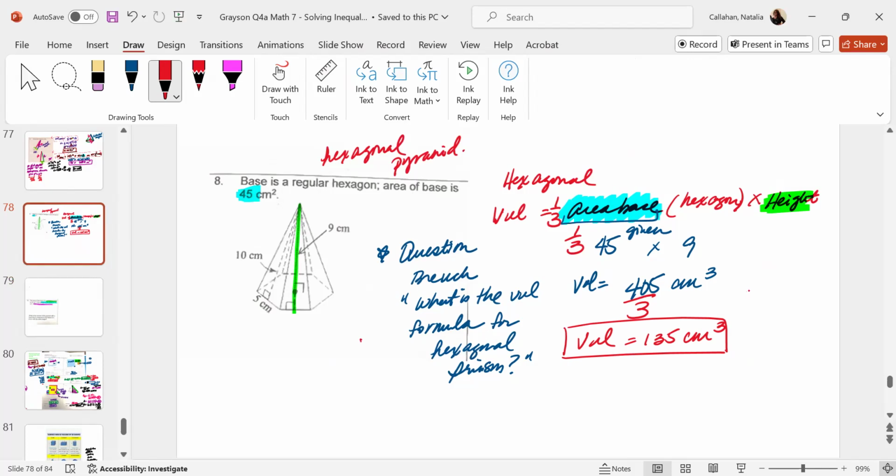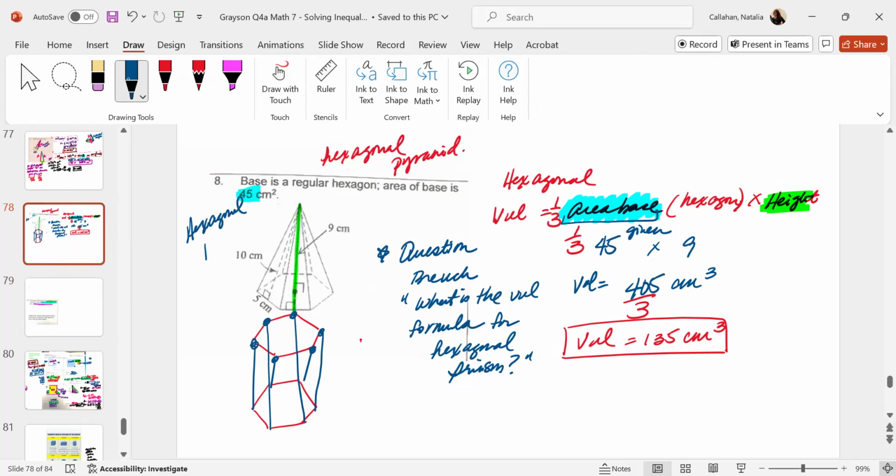If it's a prism, it will look like this. So it's a hexagon on the bottom. It will be a hexagon on top. This is a hexagonal prism. That's just area of base times height. Yeah. This right here is a hexagonal pyramid.